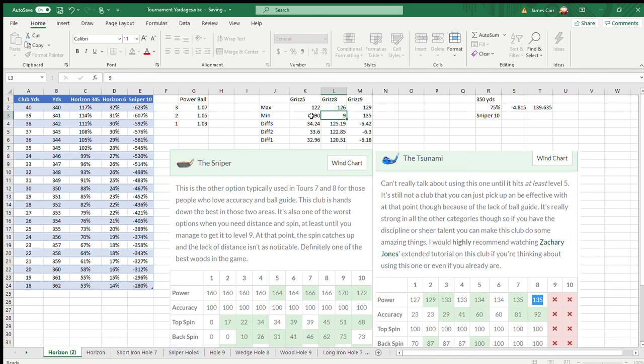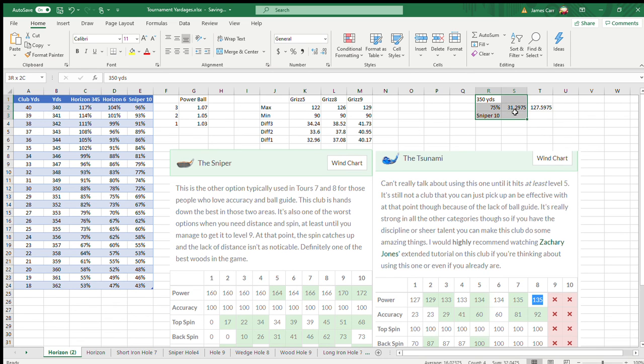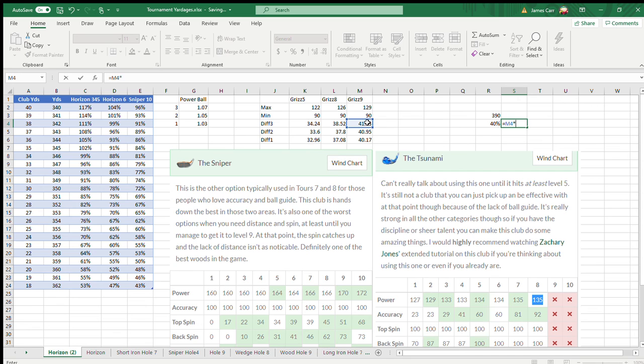So now, really easily, you've set it up similarly. For the Grizzly, if you hit, I don't know, 390 off the tee and you're at 40% slider, same thing, right? You just put this number over here, drag it up, drag it down, and then update these up top, and you're good to go.